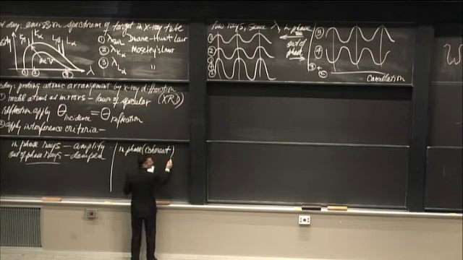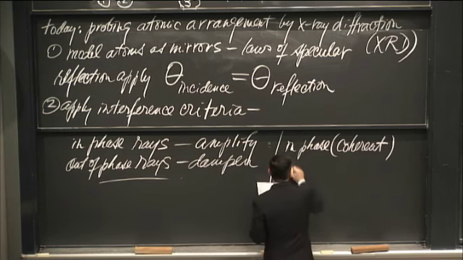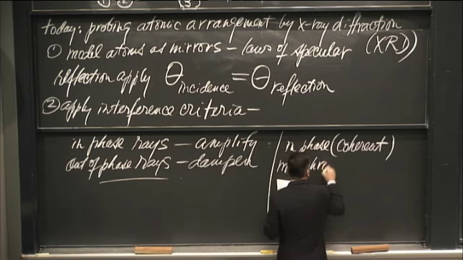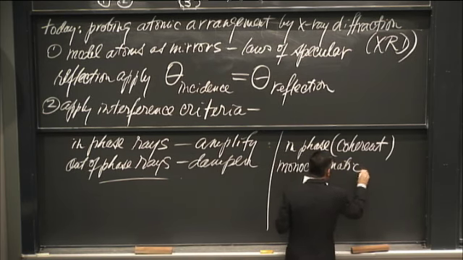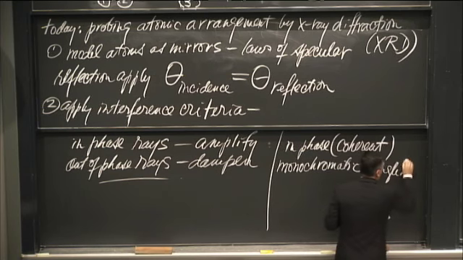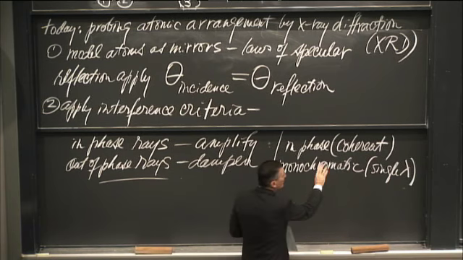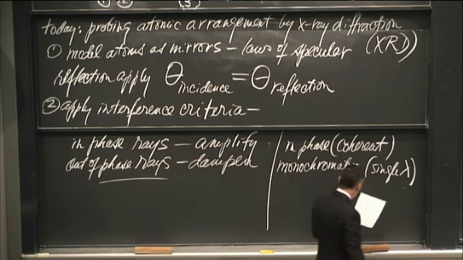That's what coherent means. Coherent means that the radiation is in phase, and monochromatic. Monochromatic, what's that mean? Monochromatic means one color, which means single wavelength. So I have something of a single wavelength in phase. So coherent, monochromatic, incident radiation.